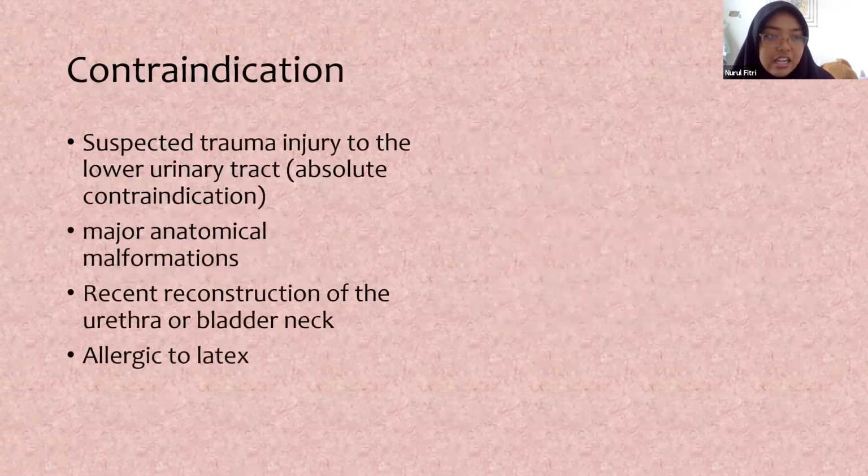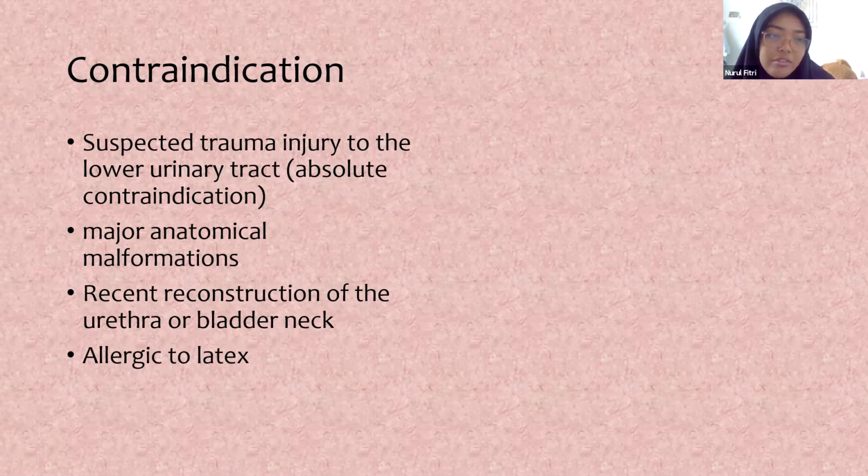The only absolute contraindication of urethral catheterization is suspected trauma injury to the lower urinary tract, for example in pelvic injury where there is a suspected urethral tear with signs such as perineal hematoma, blood at the meatus, or gross hematuria.